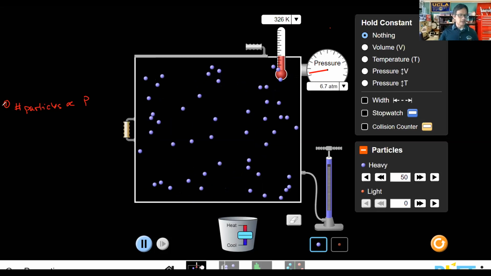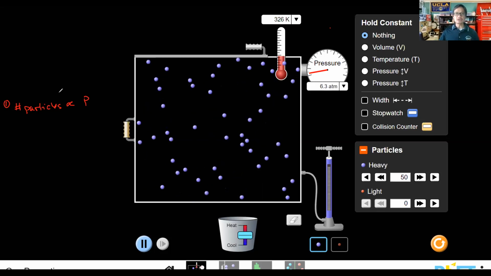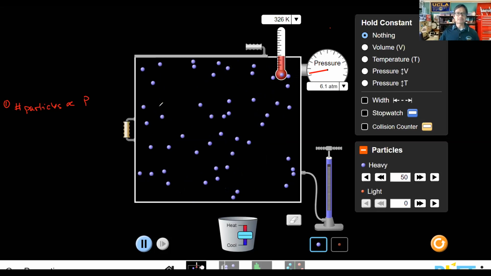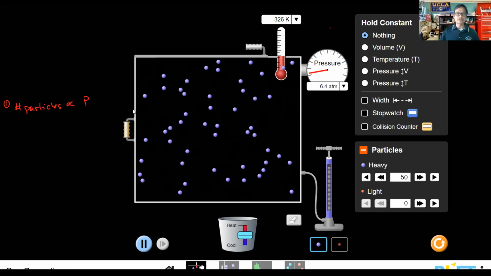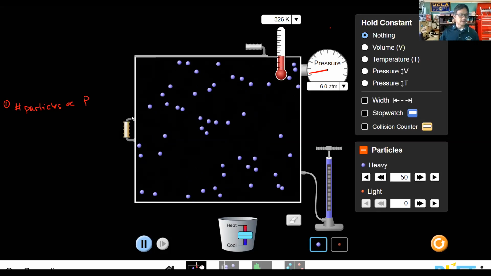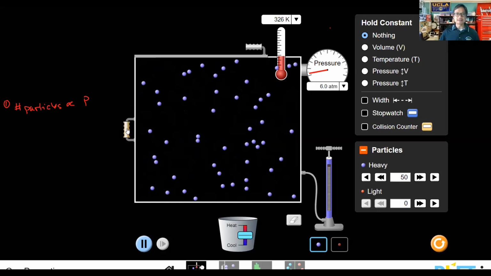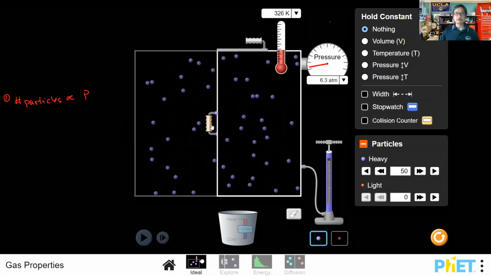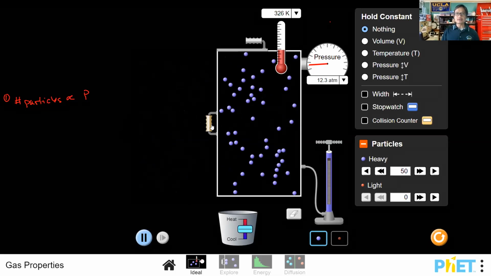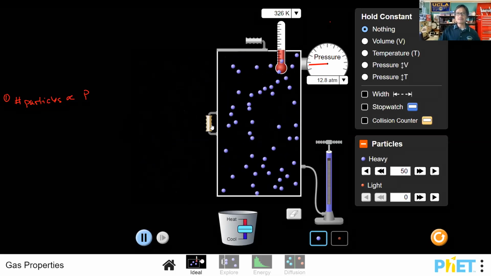Well, let's see what happens if we change the size. Let's change the volume of the chamber. I'm going to compress the gas, push it in about halfway. So if you notice, I made the chamber smaller. And remember, in your lab, effectively what we did in making the chamber smaller is we reduced the volume.